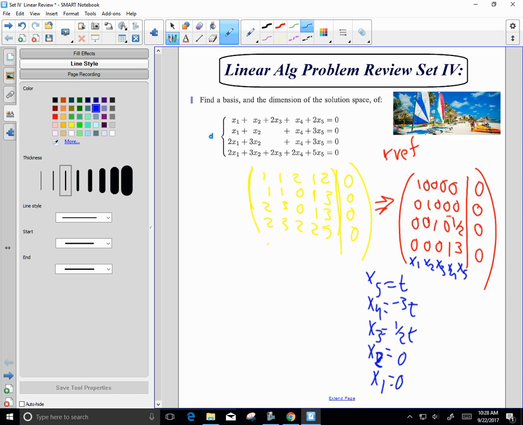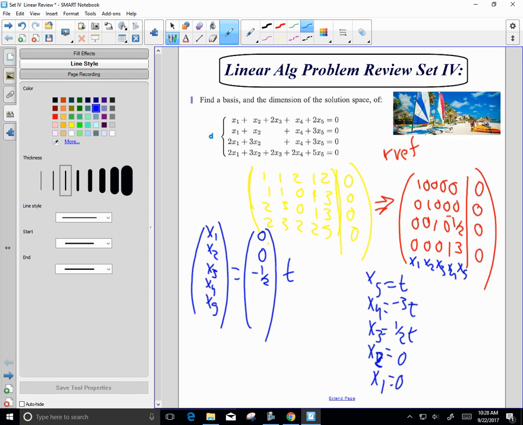Okay? So now we're ready to set up the solution space. The solution space for x1, x2, x3, x4, x5 is going to be pretty easy if you multiply it by t. What's x1 again? How many t? 0. x2? x3? x4?